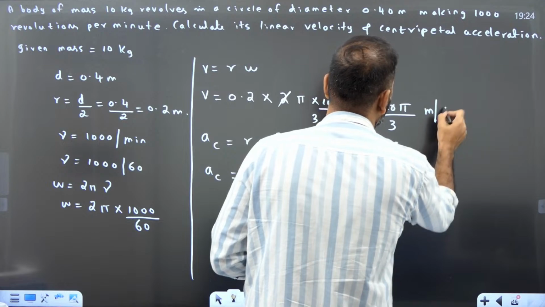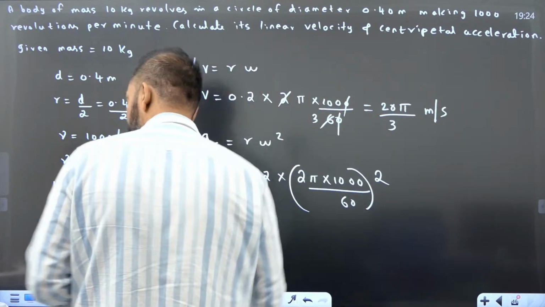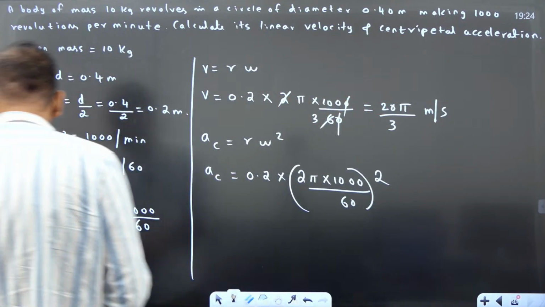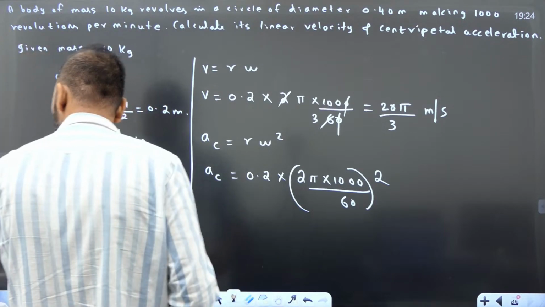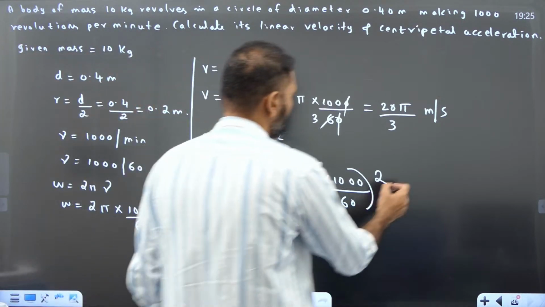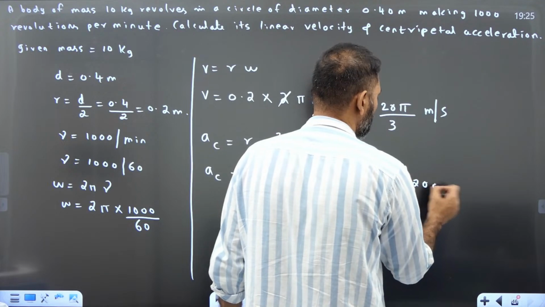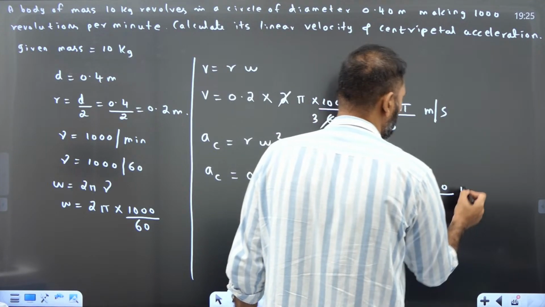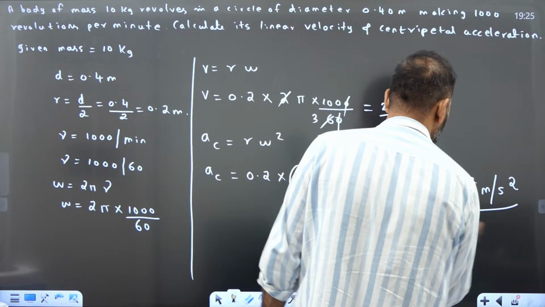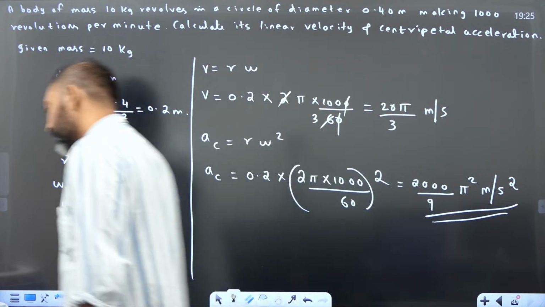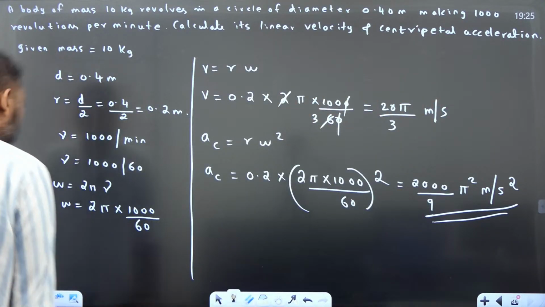Now centripetal acceleration is R omega square. If you solve that, it will be 2000 by 9 pi square meter per second square.